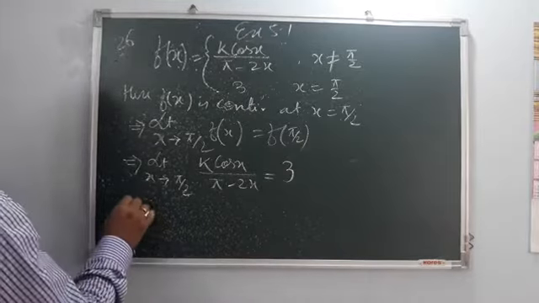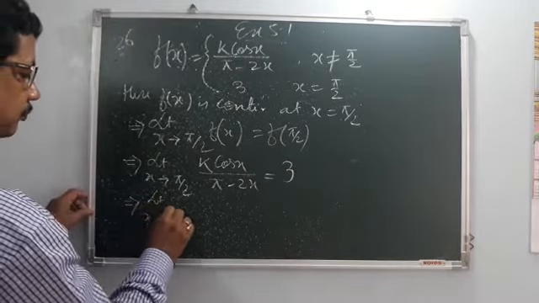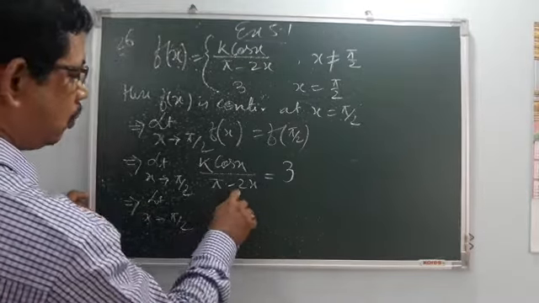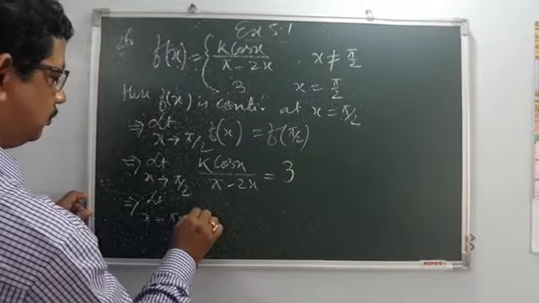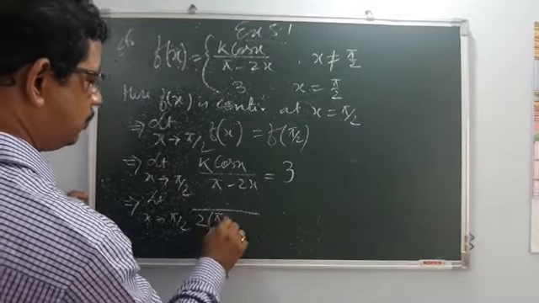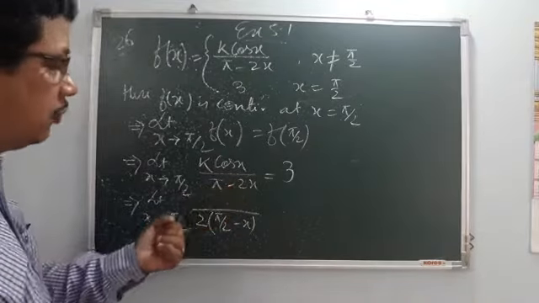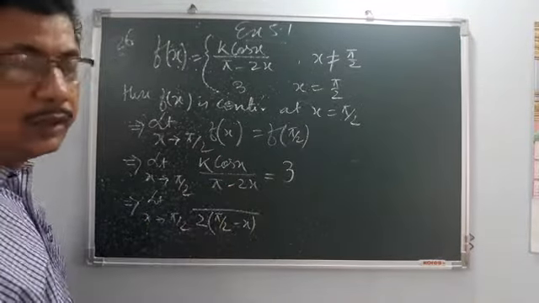Now if I take 2 common from the denominator, then we will get pi by 2 minus x. If you remove 2 common, we will automatically get this denominator.